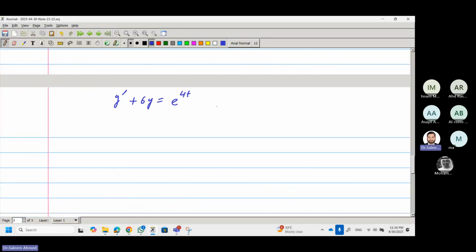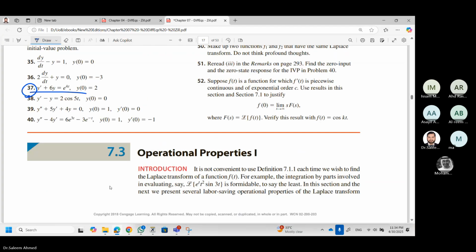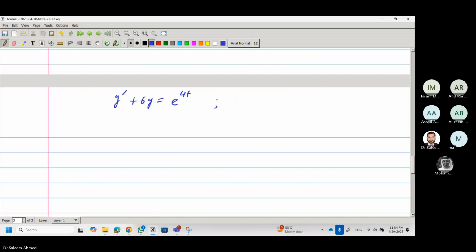And then the initial condition is also given, y(0) equal to 2. So step 1 is to take Laplace transform on both sides. Both sides, take Laplace transform.